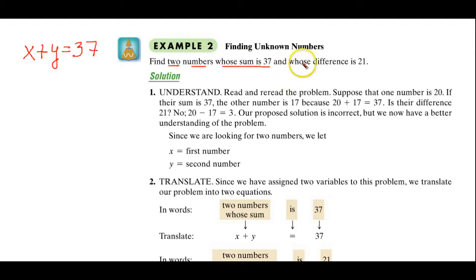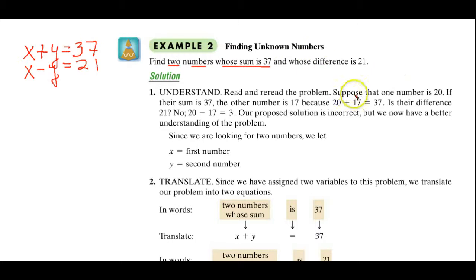Then, these two numbers have a difference of 21. So we can do that. x minus y equals 21. So we've set up two linear equations in two variables.